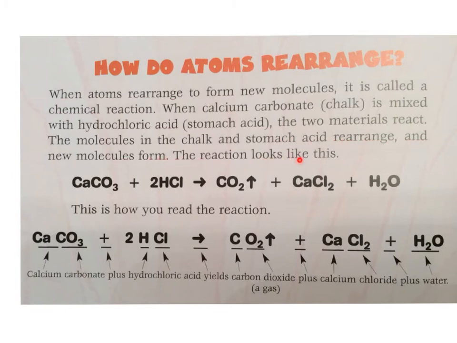The reaction looks like this. This is how you read the reaction. Calcium carbonate plus hydrochloric acid yields carbon dioxide, a gas, plus calcium chloride plus water.